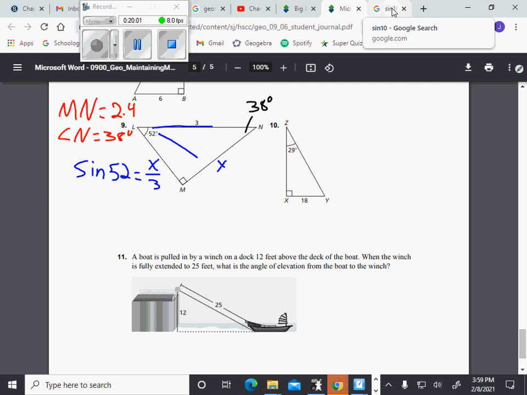Now, you can do the same thing, or you can use the Pythagorean theorem. We'll call this x over here. We'll call that y. We can say the sine of N is y over 3. So sine of 38 is equal to y over 3.